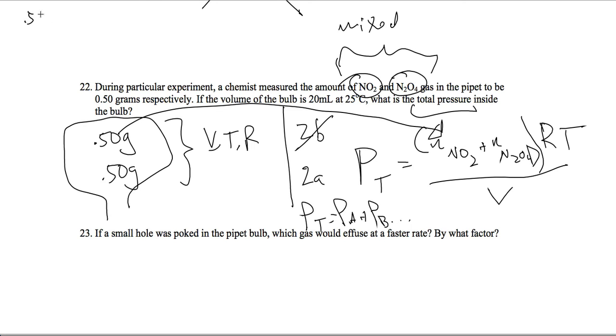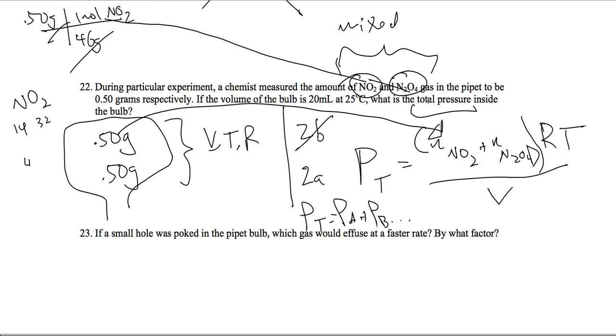So 0.50 grams of NO2: this is 32 grams, this here is 14, so 32, is that right? Okay, so that's 46. So 46 grams per every 1 mole of NO2.